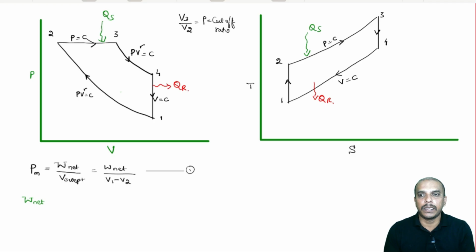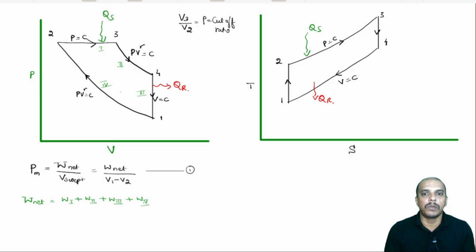I will conveniently name the points: this is 1, this is 2, this is 3 and this is 4. Now, net work should be W1 plus W2 plus W3 plus W4.